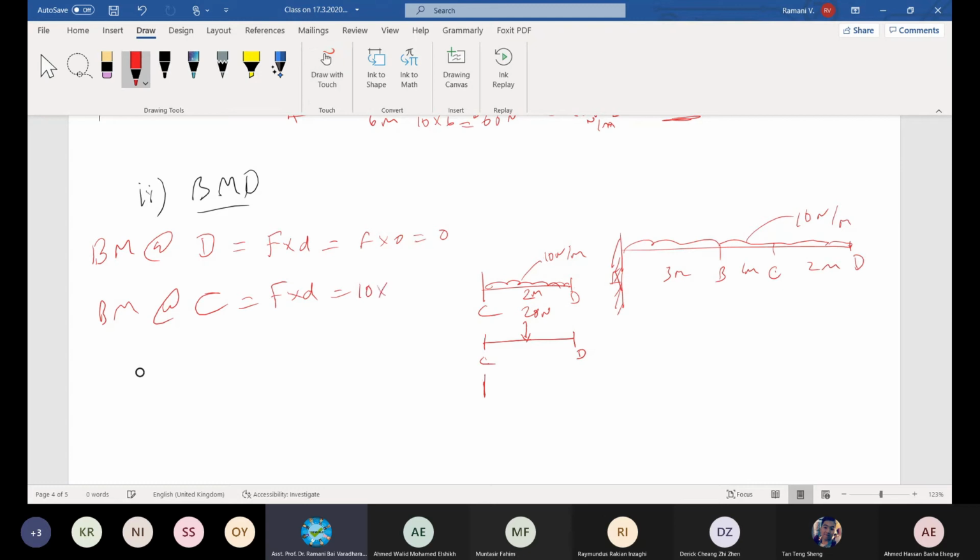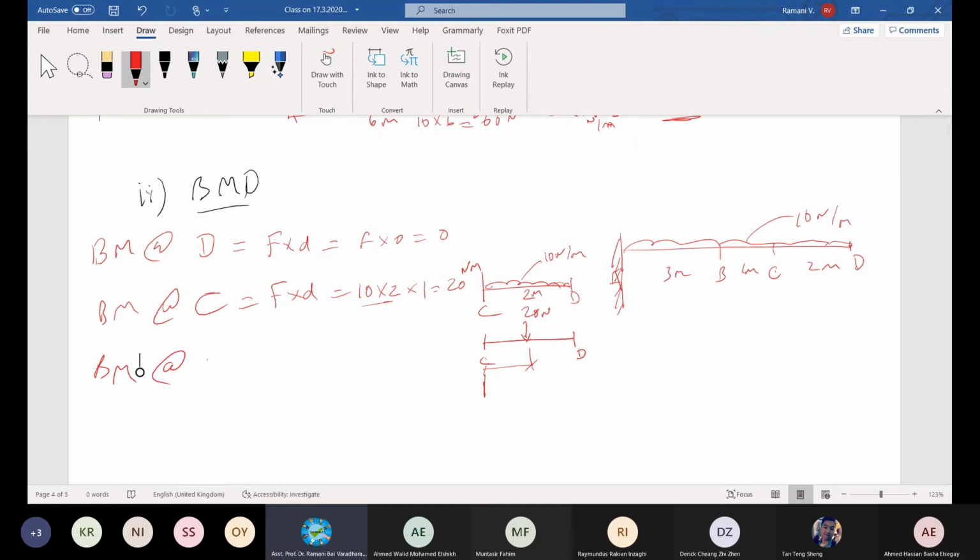Better I write fully. 10 times 2 is the load, times what is this distance? Only in this distance, right? What is the distance? Total is 2. This will be 1. Very good. Everybody has to be thorough, because this is where later we go for continuous moment. Newton. Okay, good. Bending moment at C.